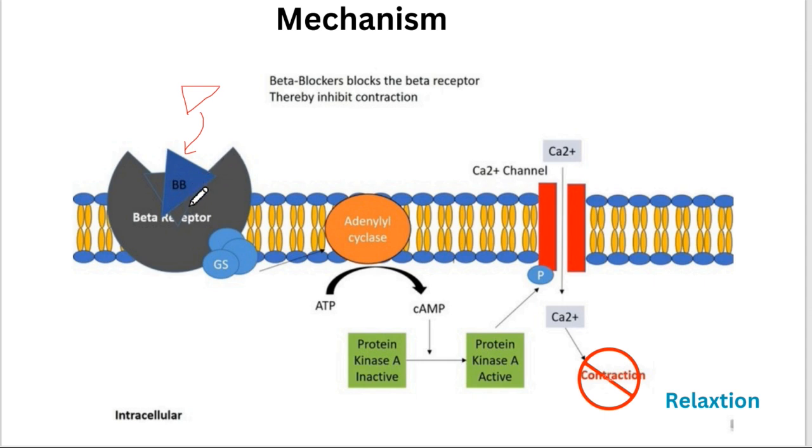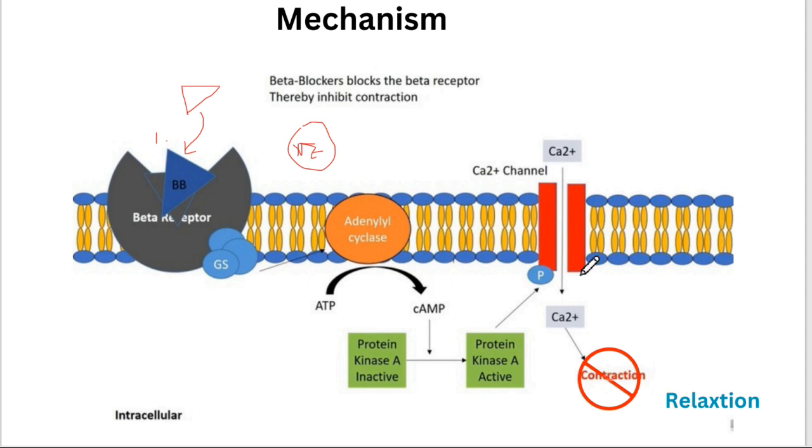Now when these beta blockers bind, the entire process is stopped, because the norepinephrine which was initiating the activation of G protein, adenylyl cyclase, and further steps, all this is blocked. Because the first step itself was blocked, the receptor itself was blocked, the further mechanism is stopped.